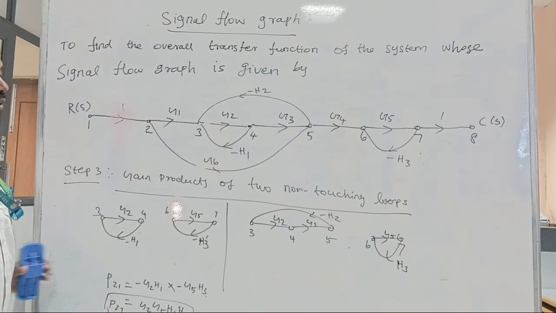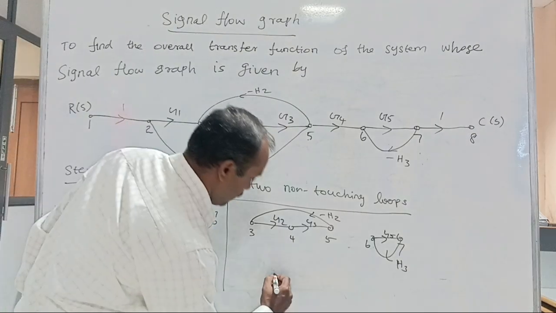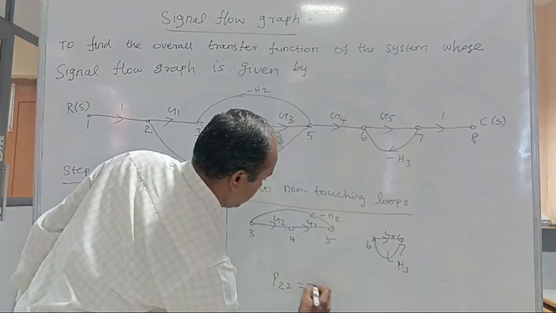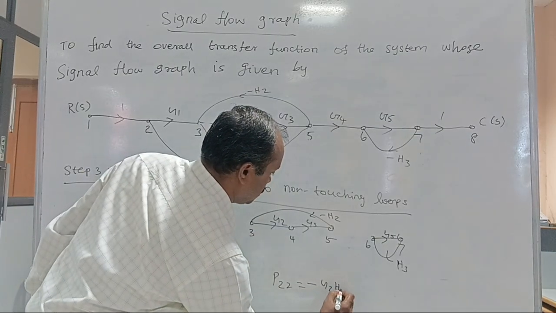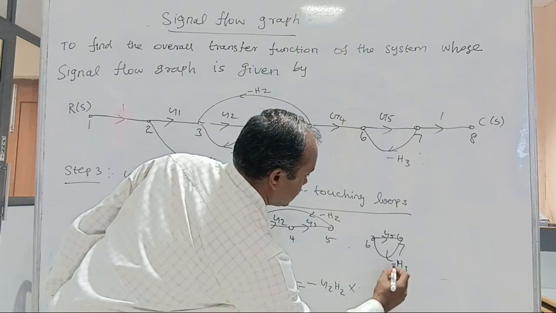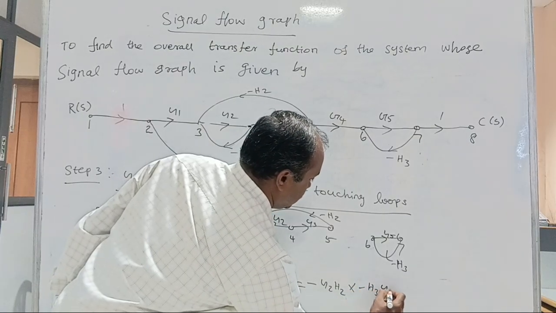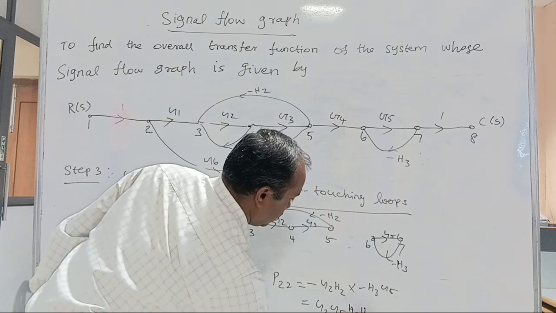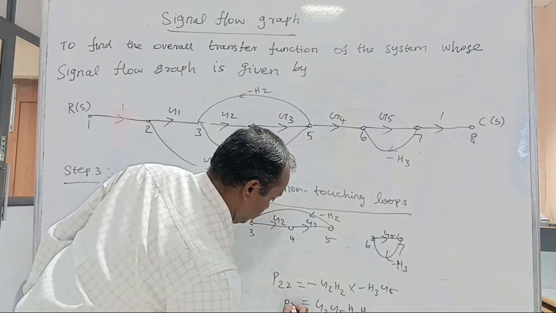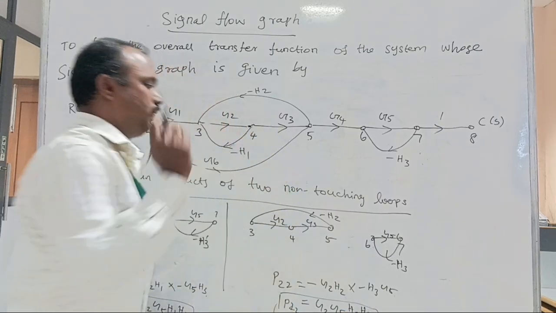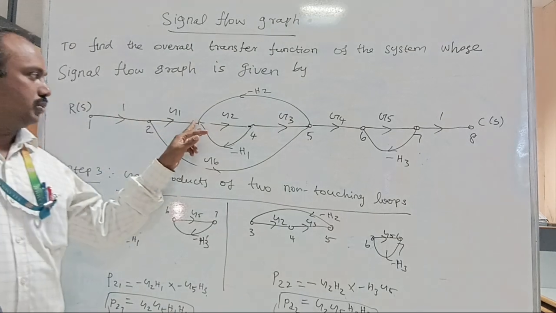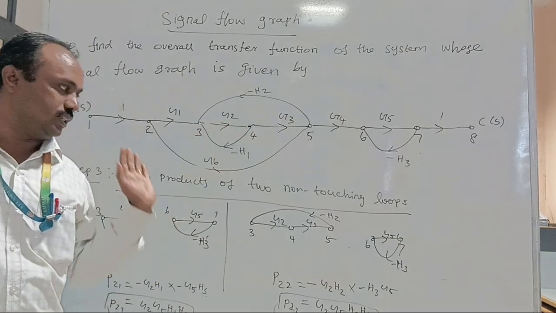The second, P22, is minus G2 G3 H2 into minus G5 H3, that is G2 G3 G5 H2 H3. That is all about the two non-touching loops. The remaining loops, 3, 4 and 3, 4, 5, are touching.